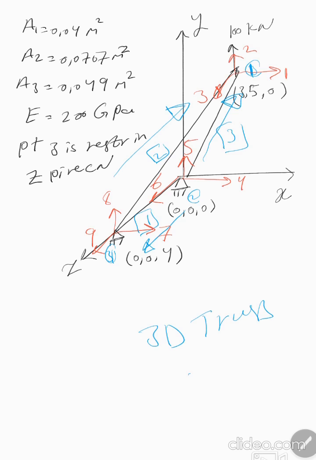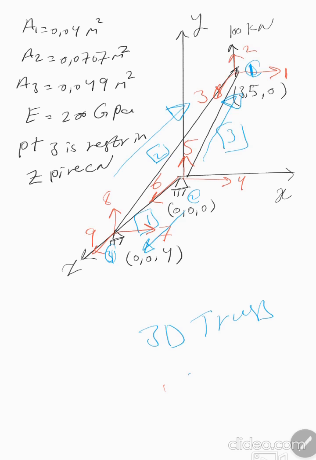Now, what is the known force? The known force is only the applied load on node number 1. So I will take node number 1 for two points, or 2 axes, on the global system numbers 1 and 2 only.